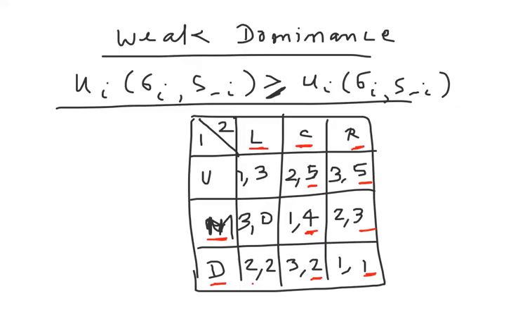But it's not a strict dominance because there's a tie between C and R when player 1 chooses up.